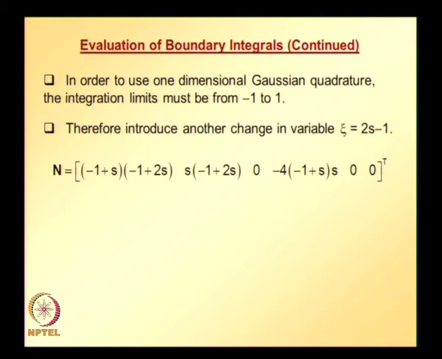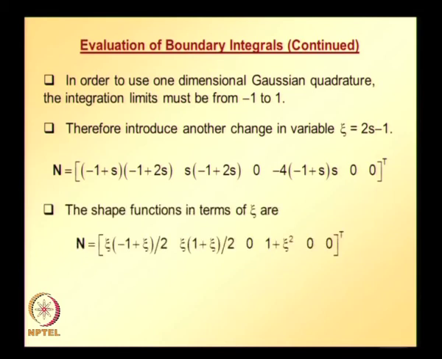With this change of variable, the previous shape function vector, rewritten here, becomes this one in terms of psi, where psi goes from -1 to 1.